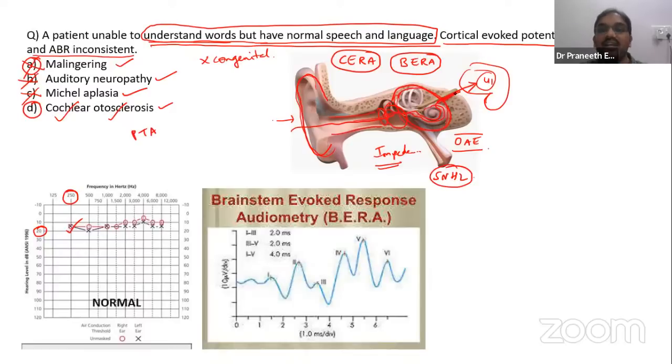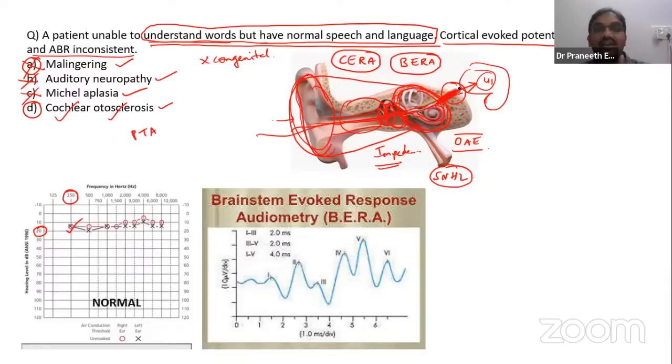Definitely the waves concerned with the auditory nerve, that is the BERA waves, as well as the cortical central waves, will have reduced latency and amplitude in these cases, because the sound has to travel through the cochlea. If you have to get a normal BERA, all these things, your pinna, auditory canal, eardrum, middle ear, cochlea, should be normal. Then only your sound wave will travel through this entire pathway into the auditory nerve.